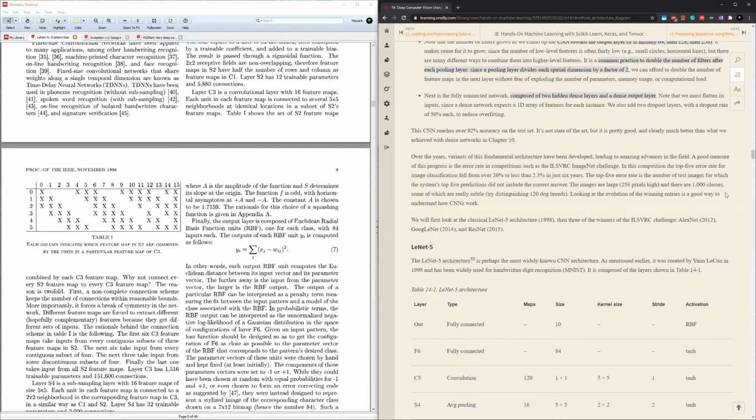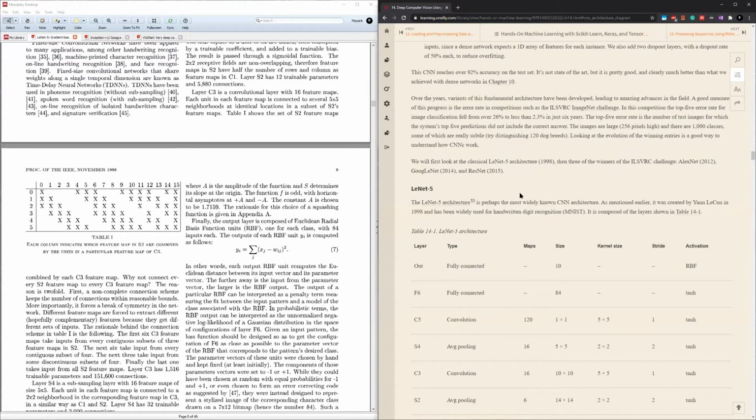They use 256x256 images, which at that time were sufficiently large, with 1,000 classes in the dataset that they had to compete on.